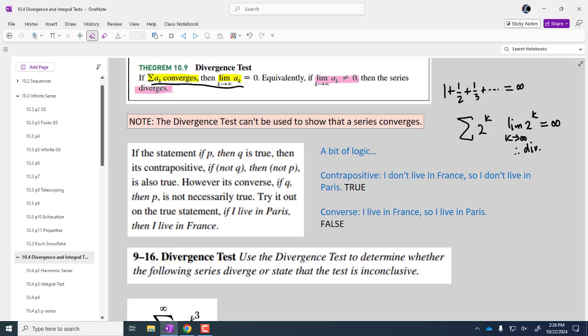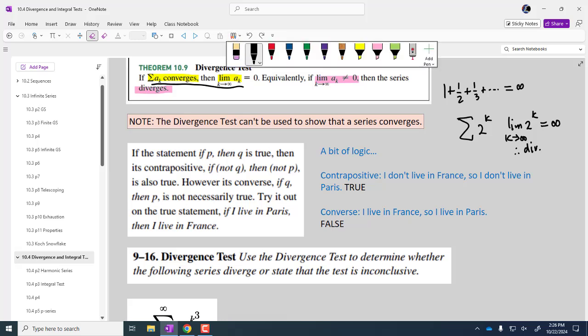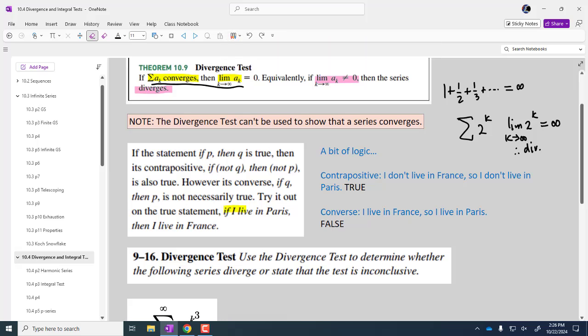So first off, let's read our sentence. If I live in Paris, then I live in France. You know the Paris we're talking about, the one with the tower. The contrapositive of that is always true.